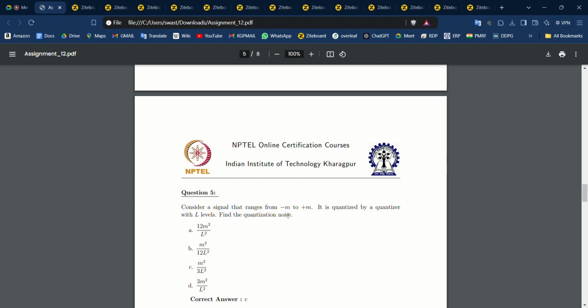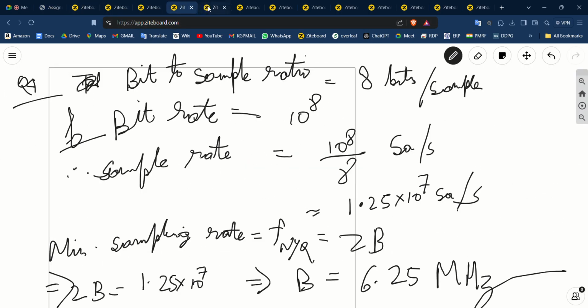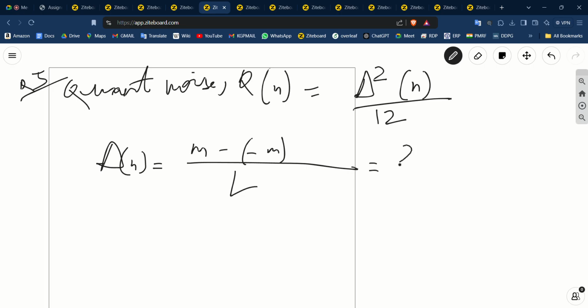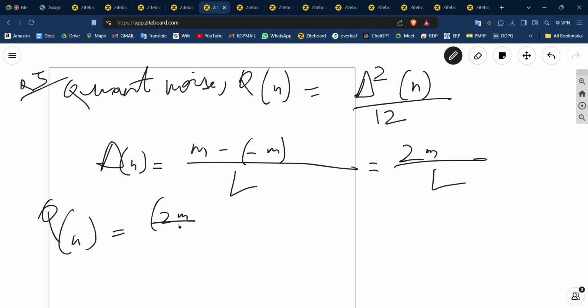So the range varies from -m to +m, and there are L levels. So the quantization step delta will be 2m by L. This is the entire range divided by the number of levels. So Qn will be 2m by L whole square divided by 12.